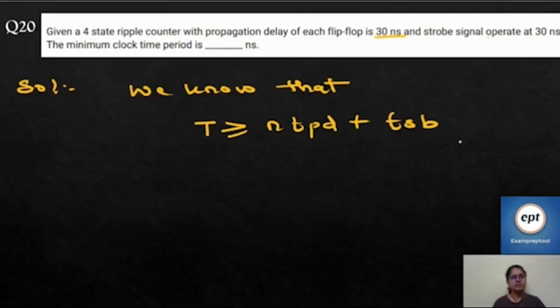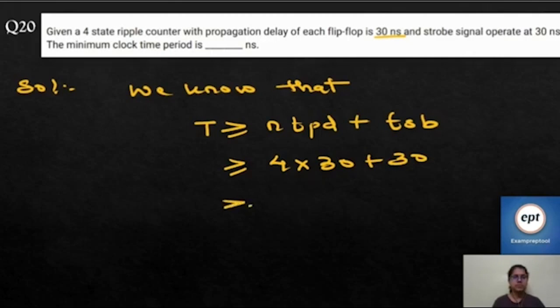Okay, so this is the general formula. Now we will put this in. So n they have given us 4, the propagation delay they have given us 30, plus the strobe signal they have given us 30. Okay, so the answer comes out to be 150 ns. So the minimum clock time period is 150 nanoseconds.